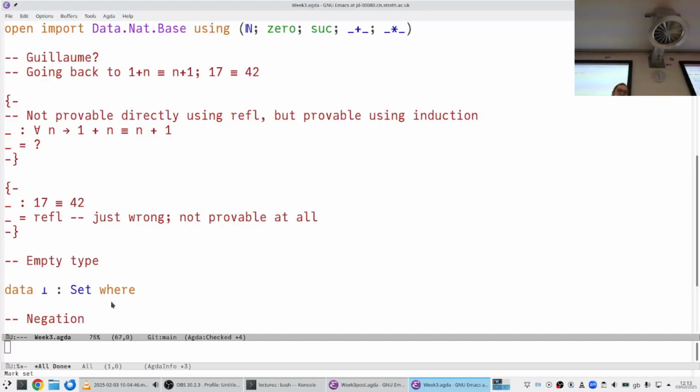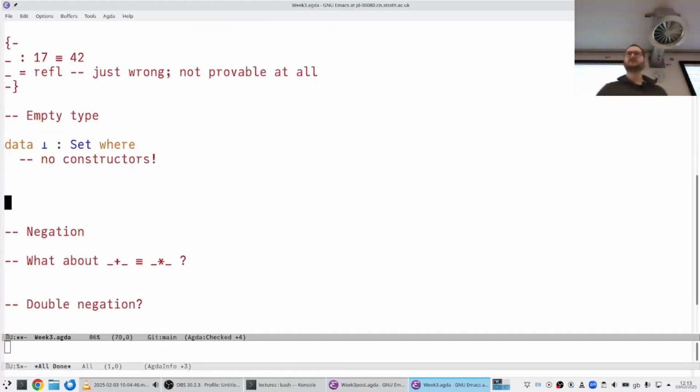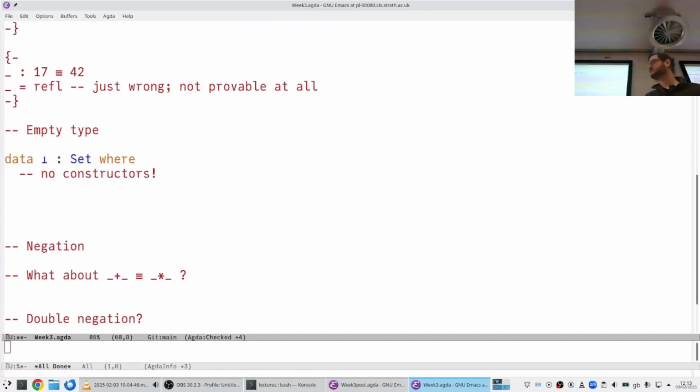But of course, if we want to express what it means to be empty, or to be the essence of falsity, there's no way to prove that falsity, and so there shouldn't be any constructors for it. So this is actually like the full definition of the empty type, right? It's saying we have bottom, but by the way, there's no way to create it. It comprehensively listed none of the ways to make values in the empty type.